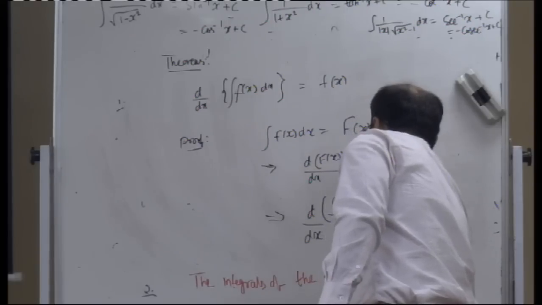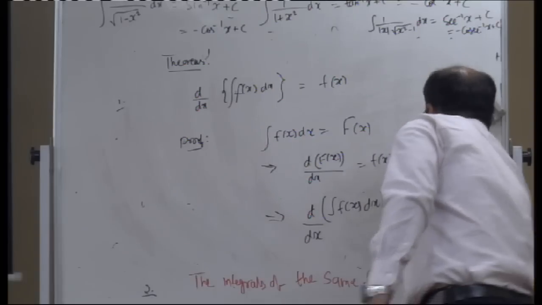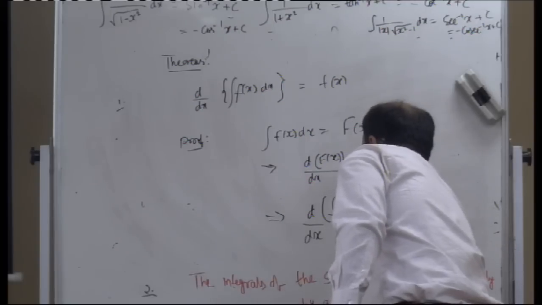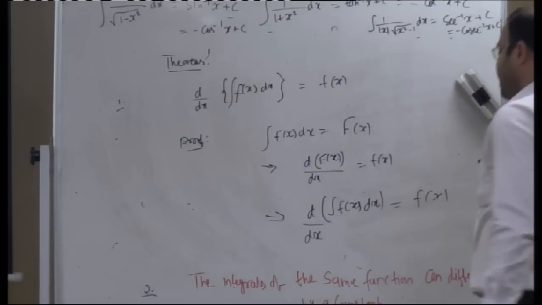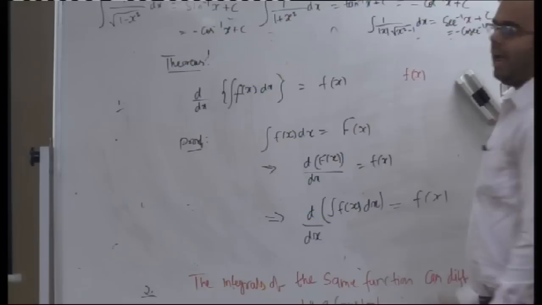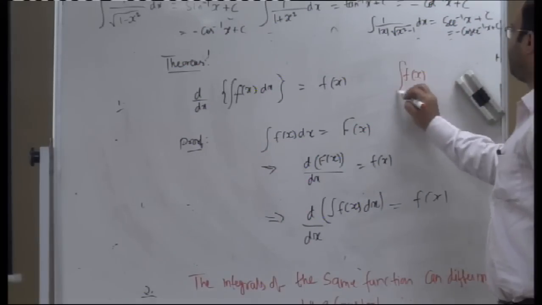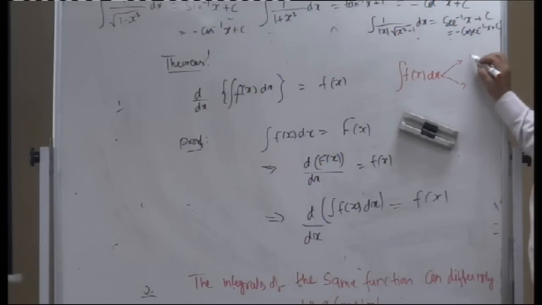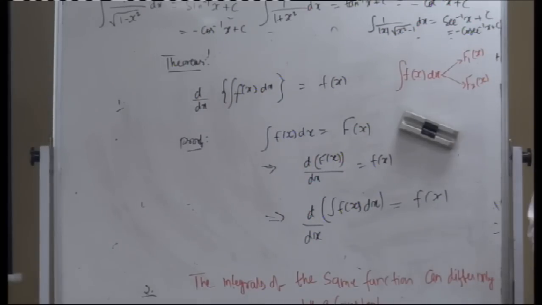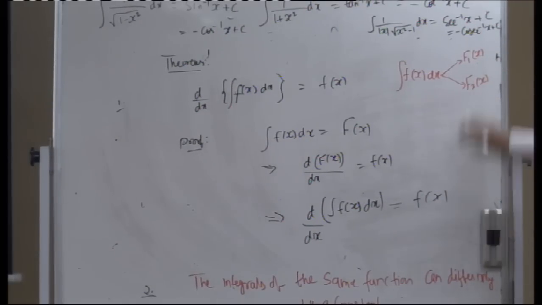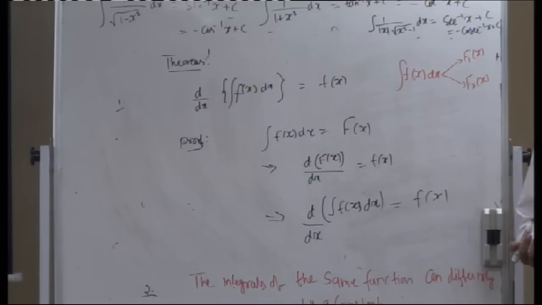So when we say the integrals of the same function differ by a constant, we mean that if we are integrating a function f(x) and we get, suppose, two outputs, capital F1(x) and capital F2(x), then the difference of these two functions must be a constant. It should not have a variable x in it.